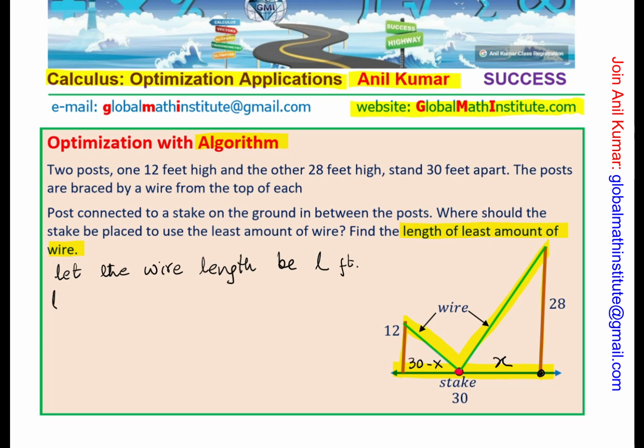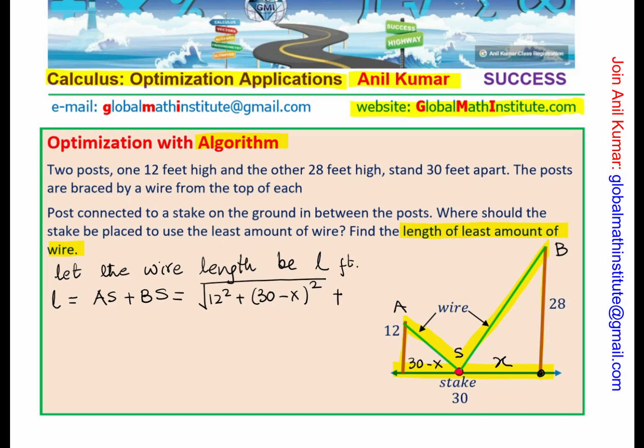Length L of the wire can be written as, let's label these points as A and B, and the stake as S. So AS plus BS. Using the Pythagorean theorem, we can write AS as square root of 12 squared plus (30 minus x) whole squared.